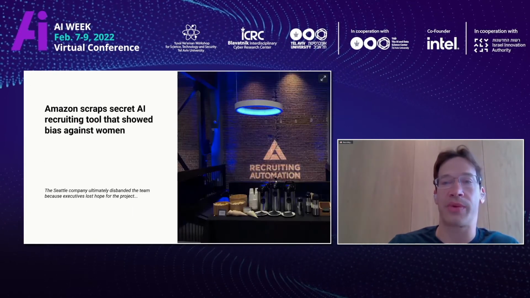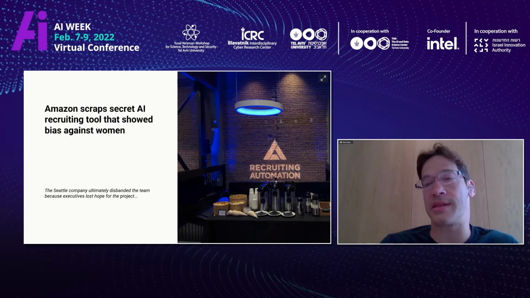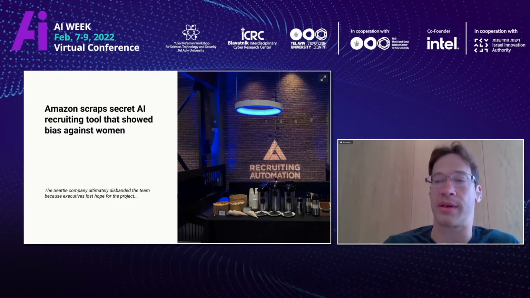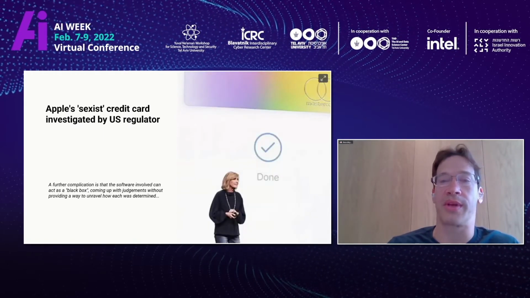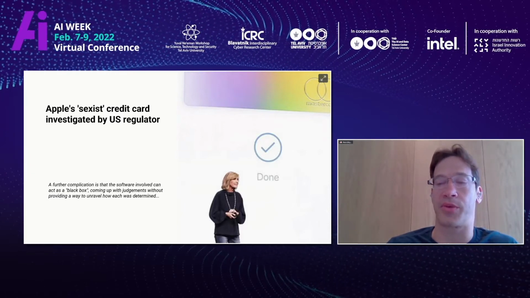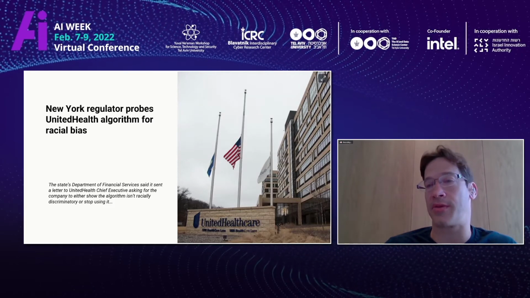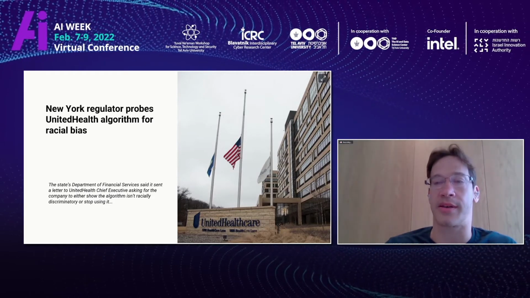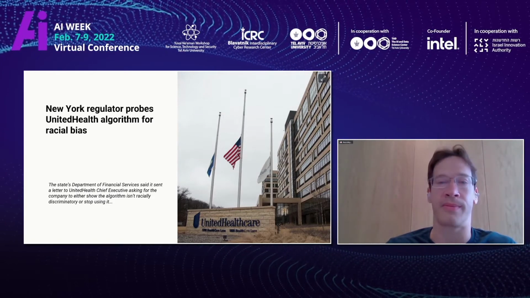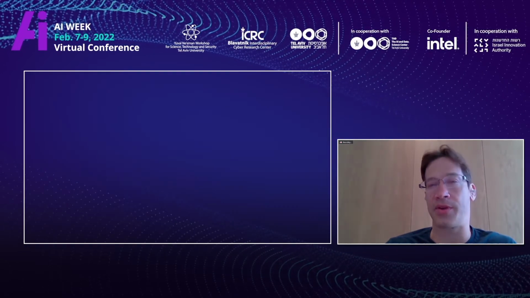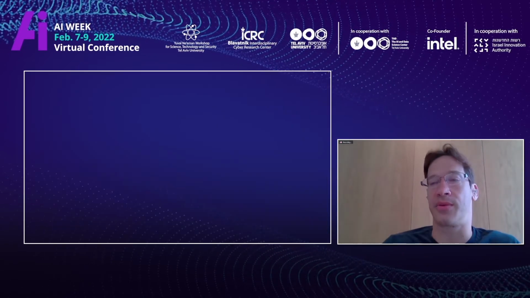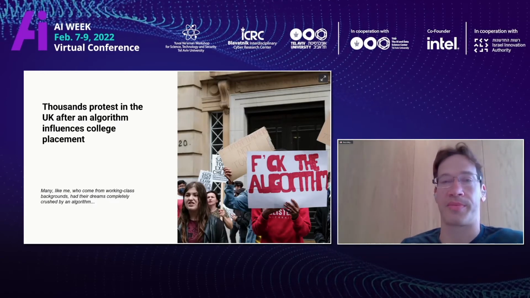Otherwise, how can we trust AI when it decides to hire someone or not hire them, whether to give them credit or not give them credit? When AI is making decisions about healthcare reimbursement, does it suffer from a racial bias and so on? And finally, how can you trust an AI to decide about your academic future?